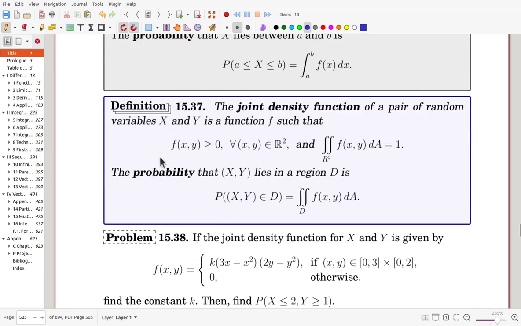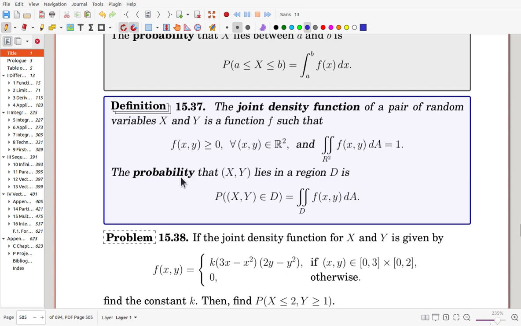In the same way, we define the joint density function for a pair of random variables x and y. That is a function f such that the function is non-negative at every point and the integral over the whole plane is 1.